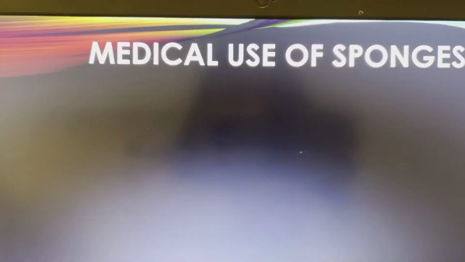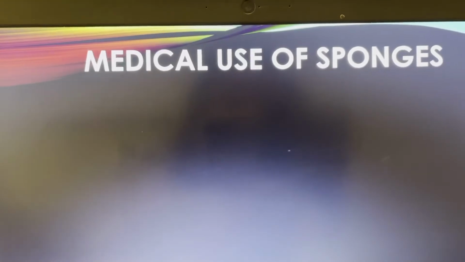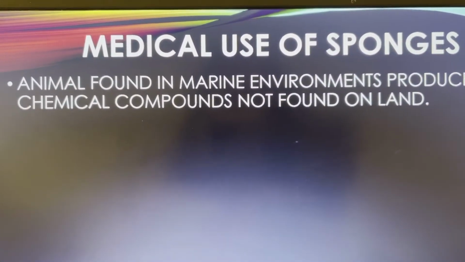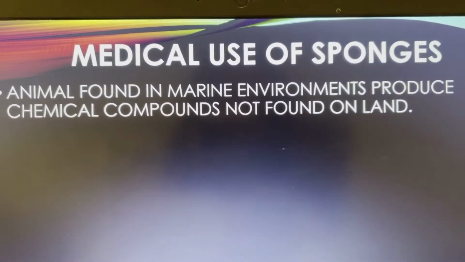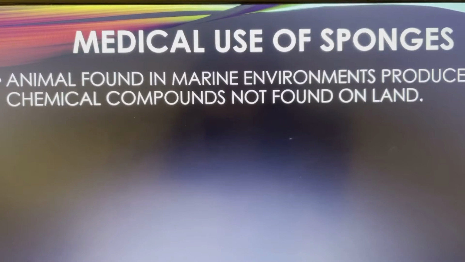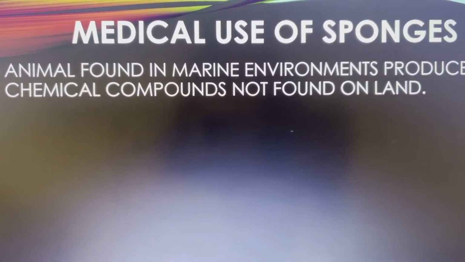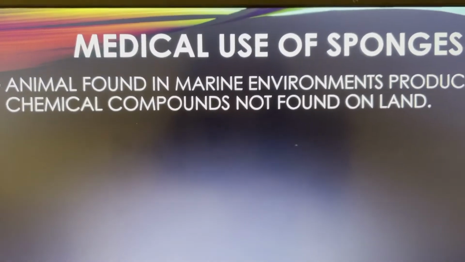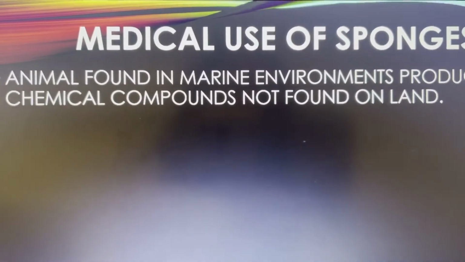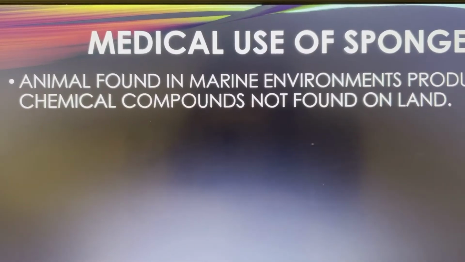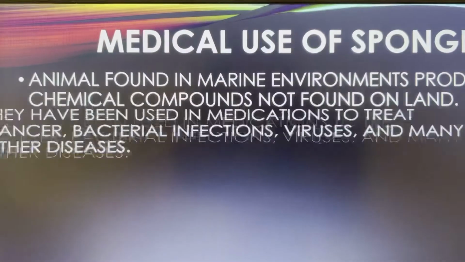Now let's move on to the medical use of sponges. Animals found in marine environments produce chemical compounds not found on land. So there are different chemicals that we can see in animals in the marine or water environments.